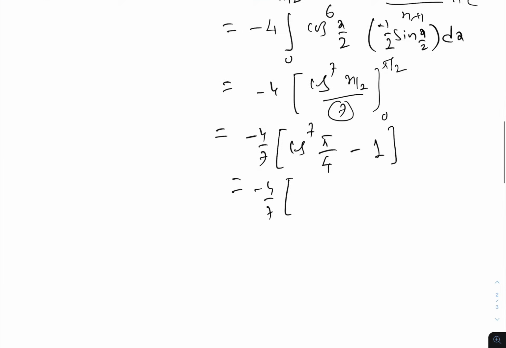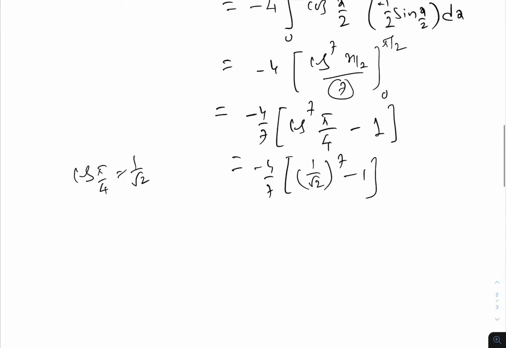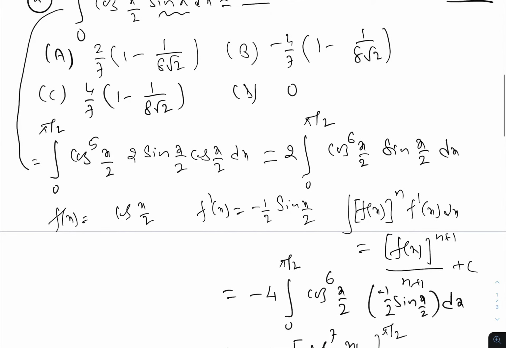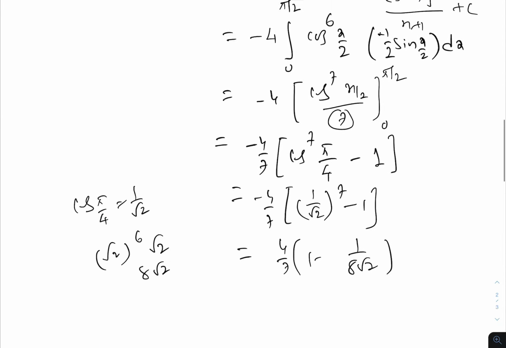Cosine pi by 4 is 1 by root 2, and its power 7 is 1 by root 2 power 7, minus 1. Root 2 power 7 is root 2 power 6 into root 2, so that is 8 root 2. So this is nothing but 4 by 7 (1 minus 1 upon 8 root 2). So option C is the answer.